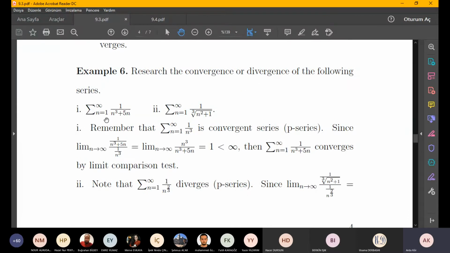The first one is the sum of 1 over n cubed plus 5n. So let's start from this one. We know that the sum of 1 over n cubed is a p series. We have seen that on Monday. And the p is 3, which is greater than 1.